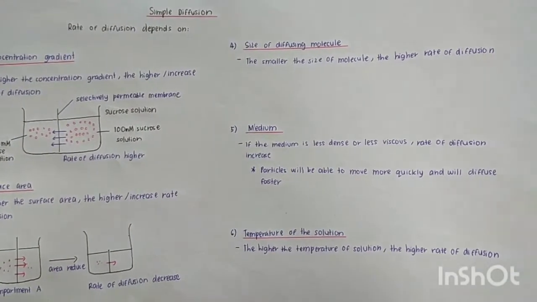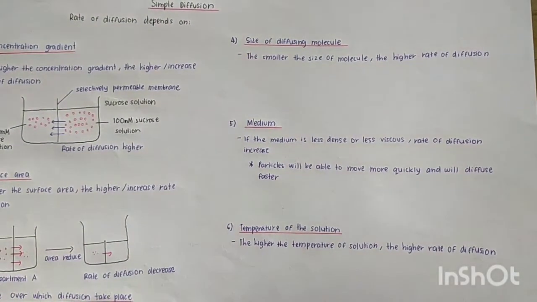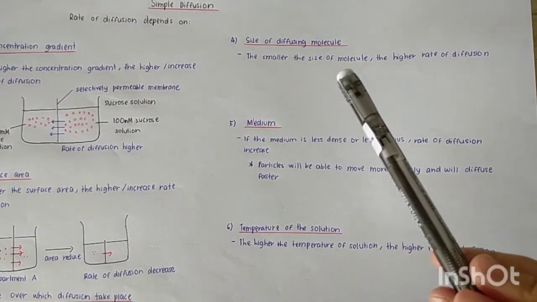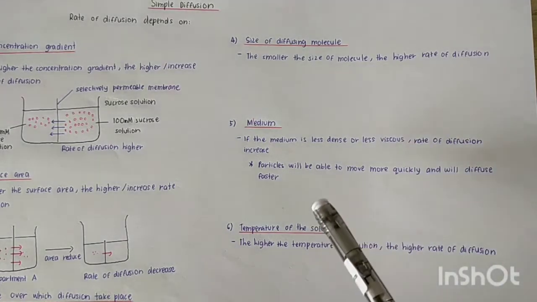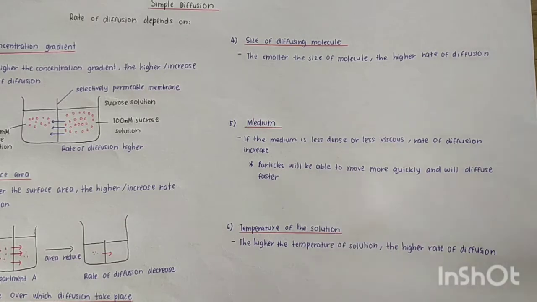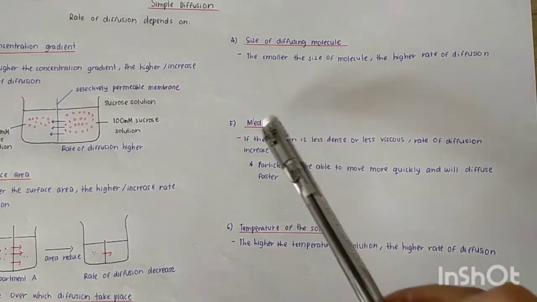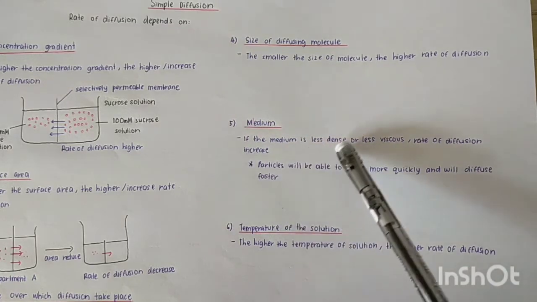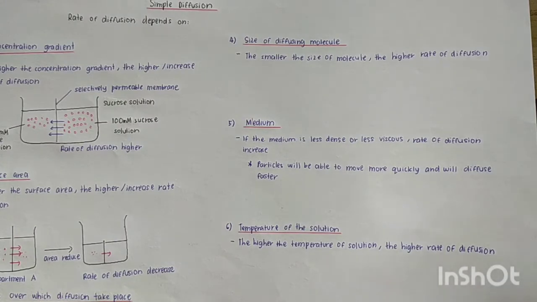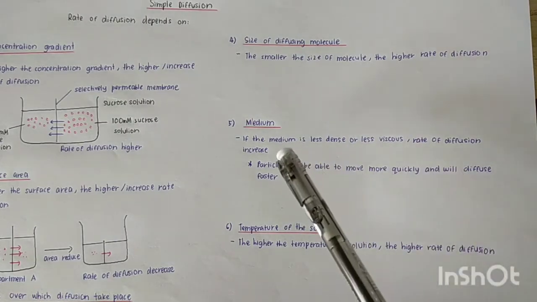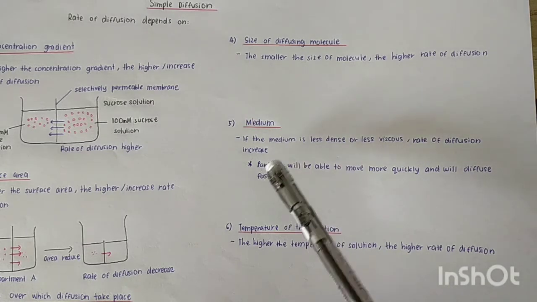And then next, for the size of the diffusing molecule, we look at its size. The smaller the size of molecule, the higher the rate of diffusion. Maksudnya kalau size of the molecule tu adalah kecil, dia akan diffuse dengan lebih cepat compare dengan molecule yang lebih besar. And then for medium, if the medium is less dense or less viscous, maksudnya dari segi viscosity ataupun kelikatan, the rate of diffusion will increase.